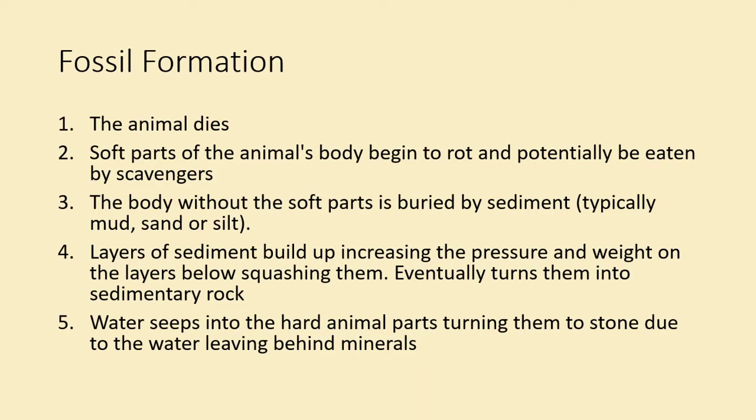That skeleton, or the body, is going to get buried by sediment, typically mud, sand, silt. Occasionally you can see other things like ice, so those aren't all of them, but those are the majority. We see this sediment build up in layers, because we know that our rock layer forms in layers.